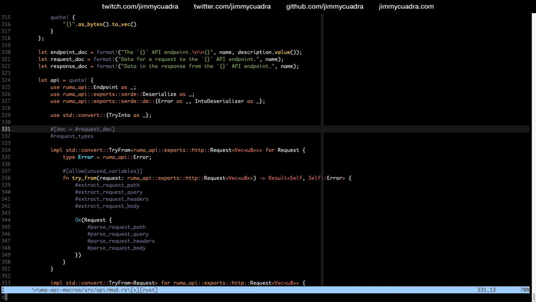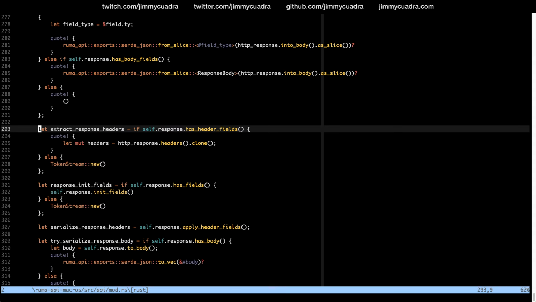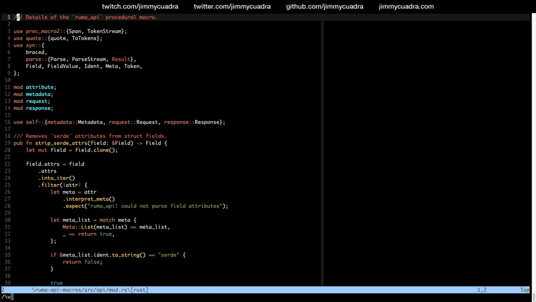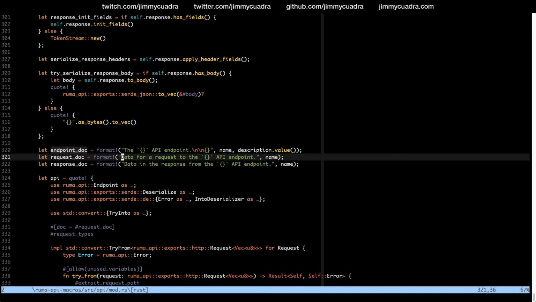Let's see, we have endpoint doc. I guess we don't really need endpoint. Oh no, we still want endpoint doc. Where does endpoint doc? I think we want to combine these two things. Let's just try this for now.